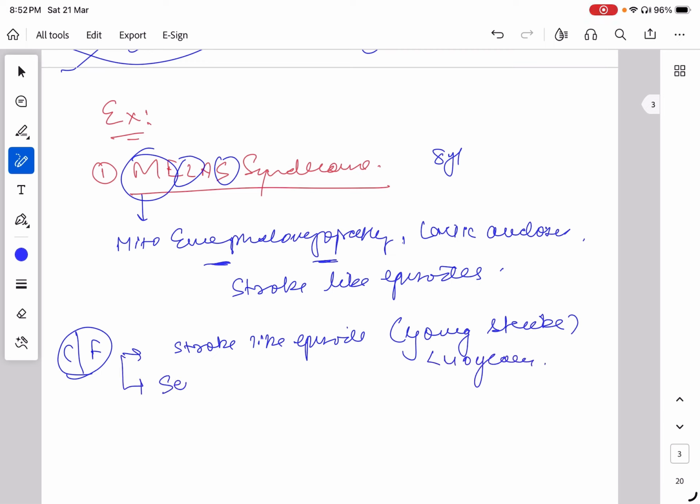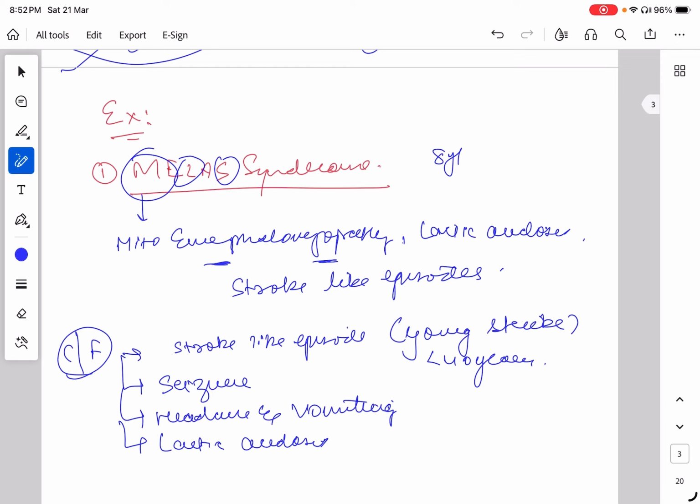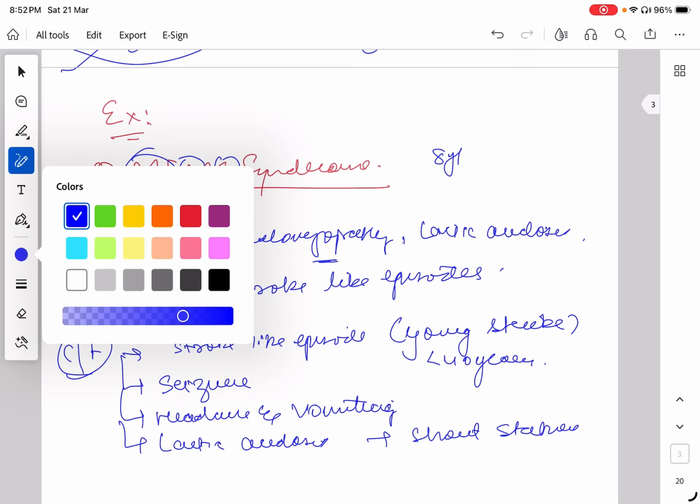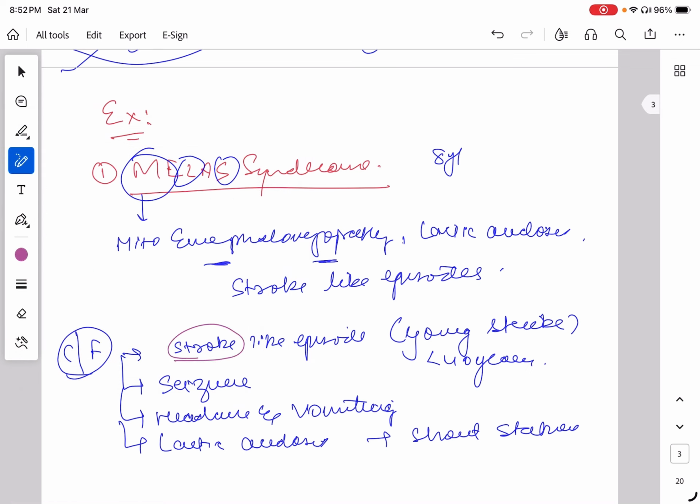These patients present with seizures because of encephalopathy-like features. So seizures may be there, headache and vomiting, lactic acidosis, and short stature can be seen. These are the main clinical features of MELAS, and the important point is that there are stroke-like episodes, but the stroke does not follow any vascular territory.